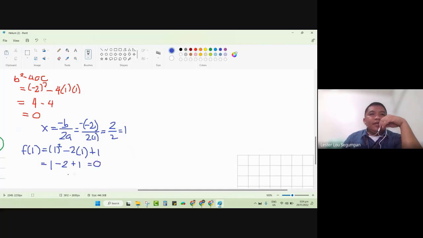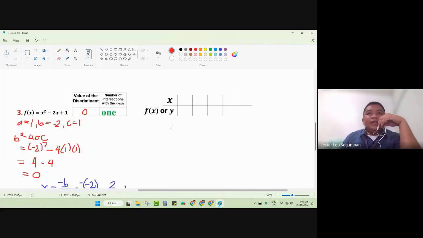So the vertex is at 1 and then 0. This is the vertex of our parabolic graph. So let's place it here. You have 1 and 0, and you decide the next few points, which will involve 2, 3, 0 here, and negative 1.